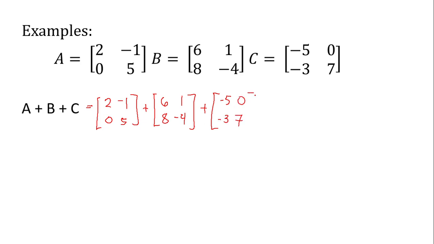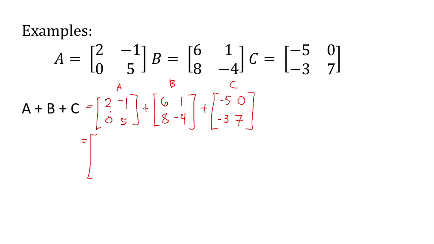Again, be careful with the negative signs because that's where we usually make mistakes. Let's add them entry by entry so it's easier to solve. This is matrix A, matrix B, and matrix C.